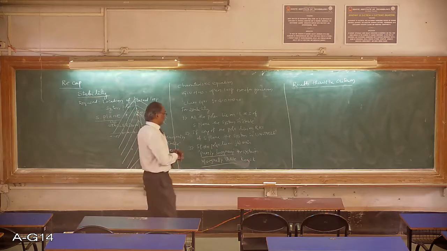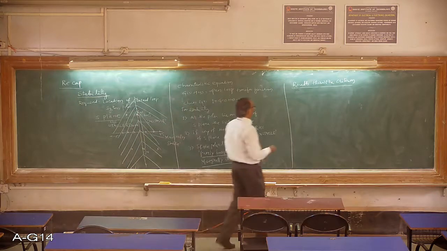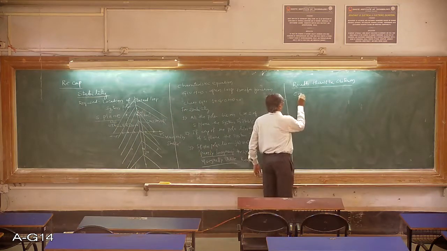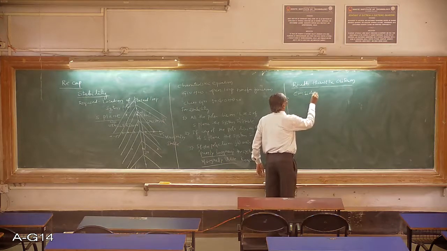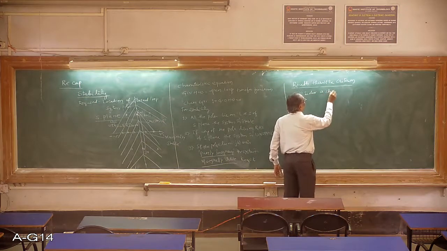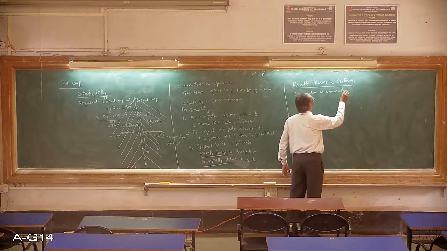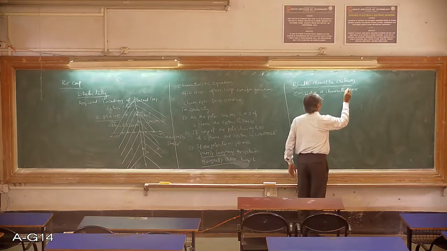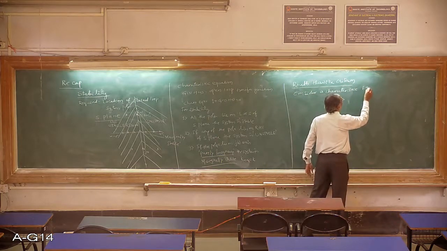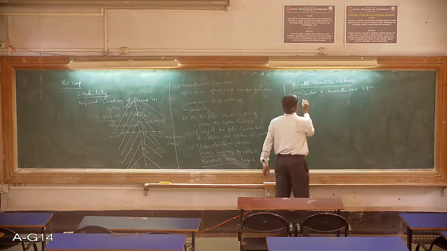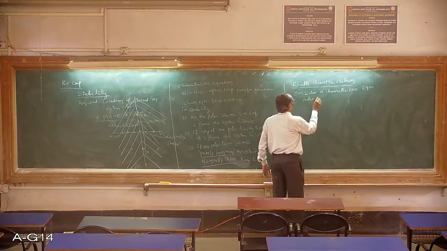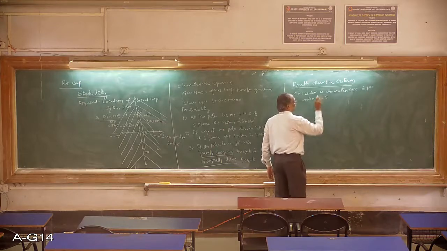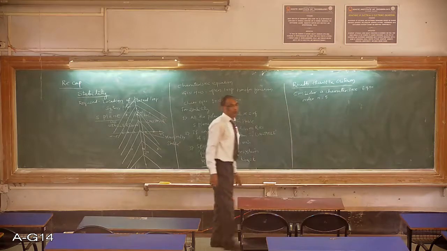Now I will take a characteristic equation directly. I will take a particular order, n equal to 5. So the number of poles is 5.